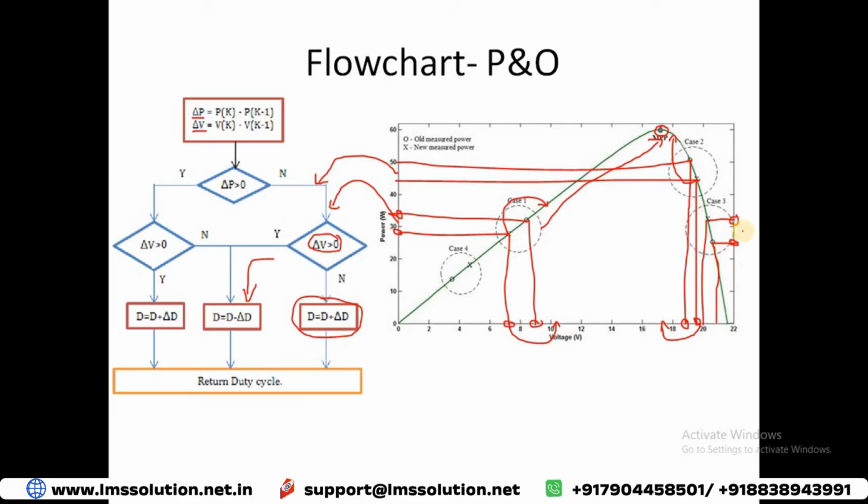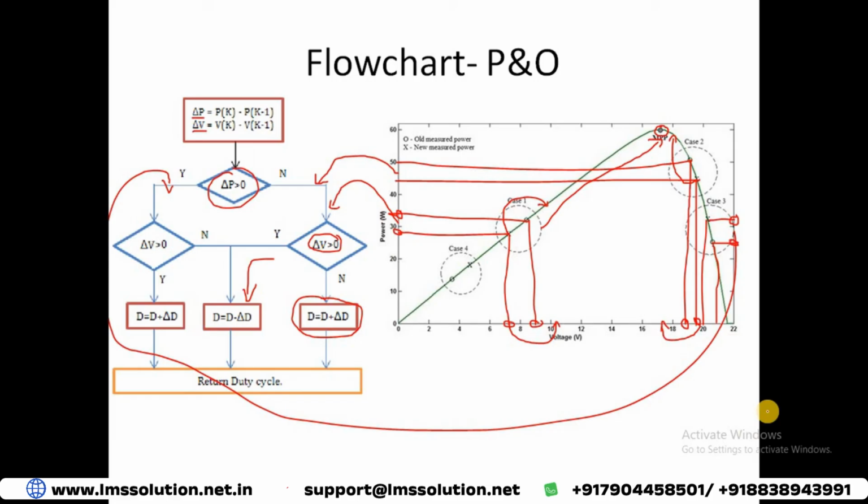During this case 3 condition, this condition is true. del P is greater than 0. Then it comes to this portion. Next you have to check the voltage difference. Here the current instant voltage is around 20 volts and the previous instant voltage is around 21 volts.